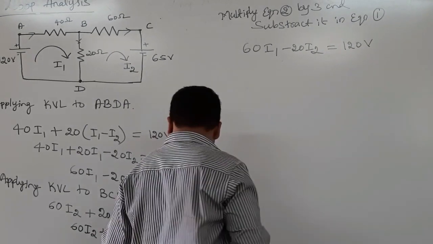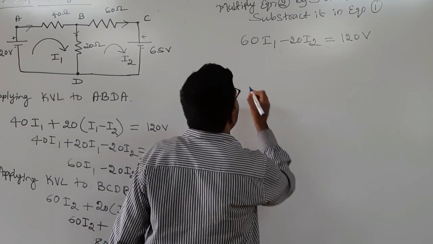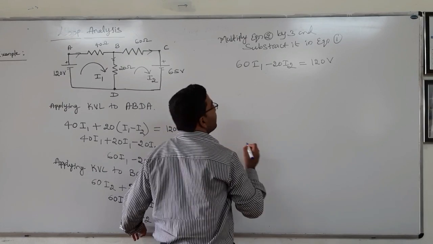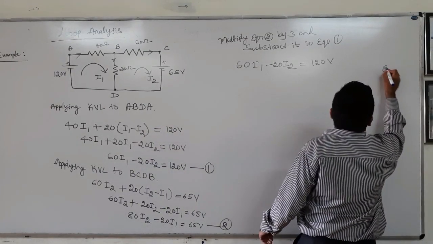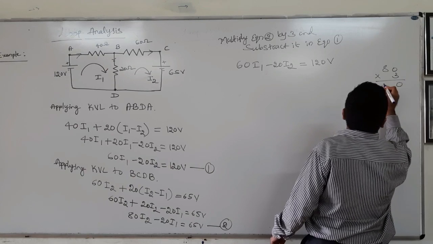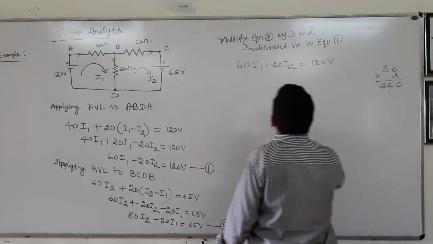Then multiplying the second equation by 3, I will get 80 multiplied by 3, then I will get 240, right?